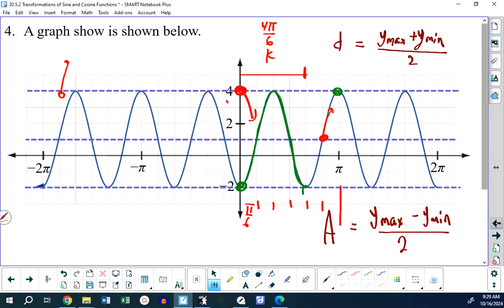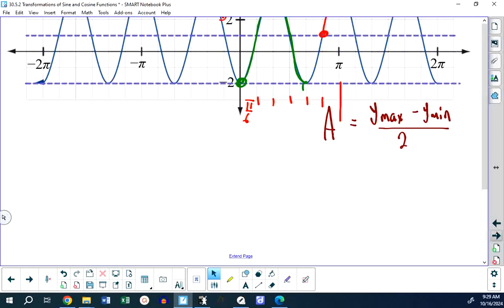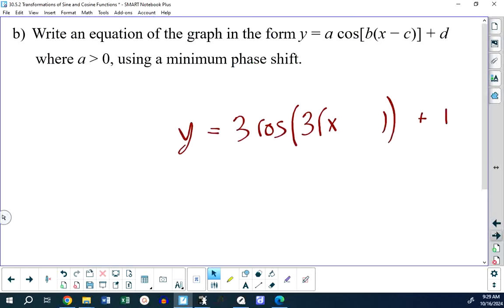No. But if we translate this pi over 3 that way, or pi over 3 this way, we would get the right equation. And that means that c can be either positive pi over 3 or negative pi over 3.